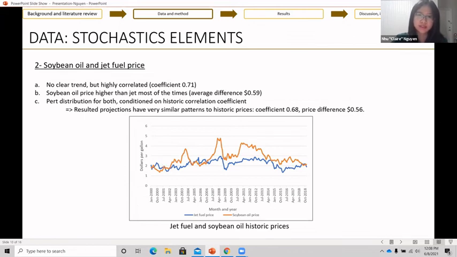And in fact, the correlation coefficient between them is 0.71, with the soybean oil price higher than the jet fuel price most of the time, with an average difference of around $0.6 per gallon. And so we first use the distribution fitting in @Risk for both of them, and we chose the PERT distribution because it is the best fit distribution and also has an upper and lower bound.